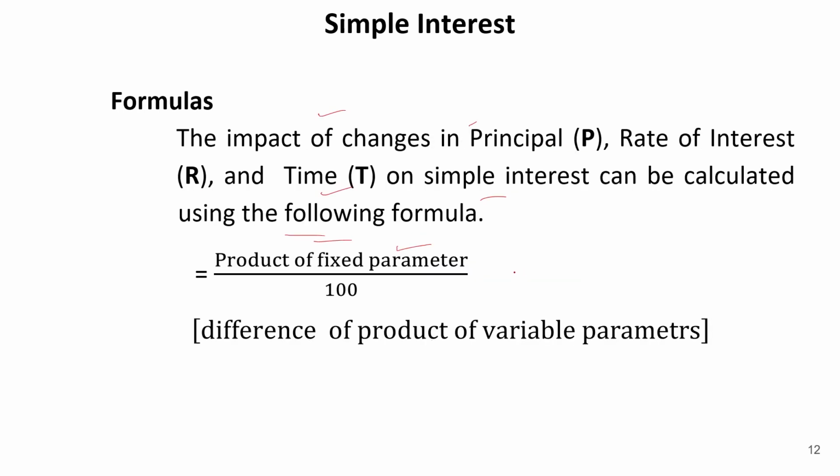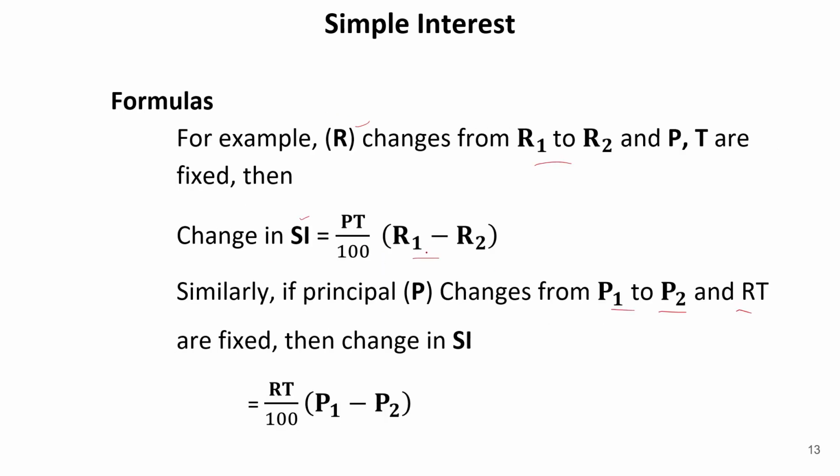The impact of changes in principal P, rate of interest R and time period T on simple interest can be calculated by the product of the fixed parameter into 100 into the difference of the product of variable parameters. If the interest rate changes and the others are constant, then SI is equal to PT by 100 into R1 minus R2. If the principal amount changes and rate of interest and time remain the same, then it will be RT by 100 into P1 minus P2.